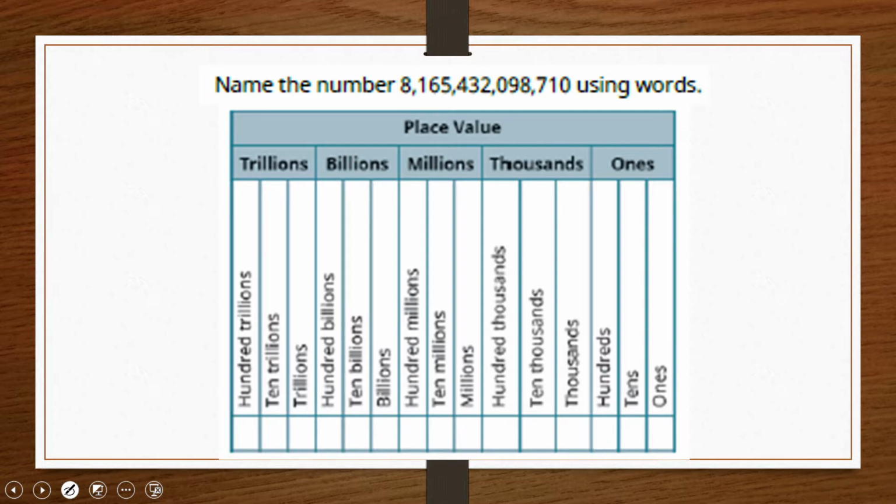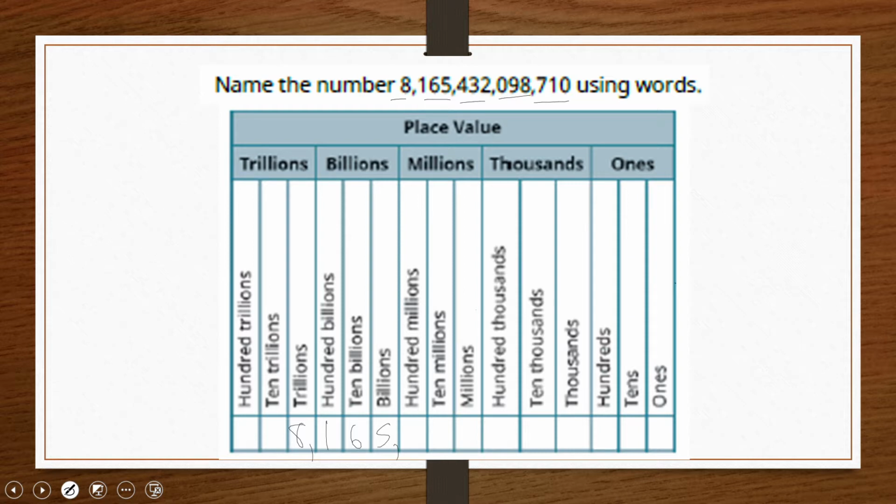So for example, if I'm asked to name the following number, I see that there are 1, 2, 3, 4, 5 different periods, which means this is going to be in the trillions to begin with. The very first digit is 8, and then we put our comma, followed by 165, comma, right?